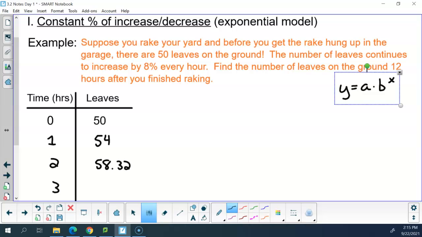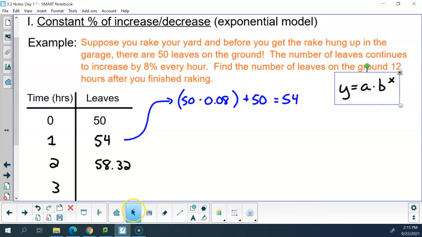Let's go back to 54, because then our numbers are nice and easy. One method is we took 50 times 0.08 and then added that to 50 to get 54. Agreed? Okay, what's another way of doing it?